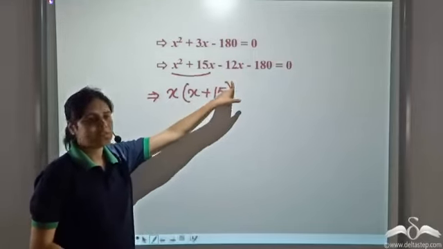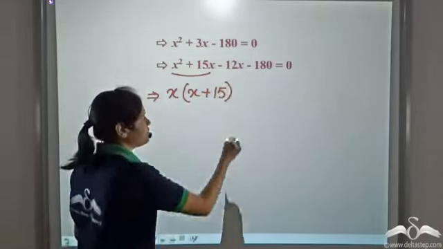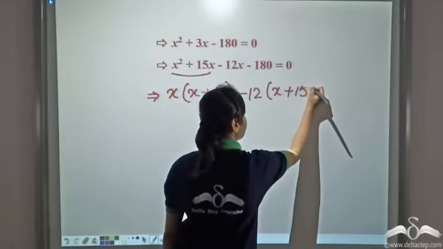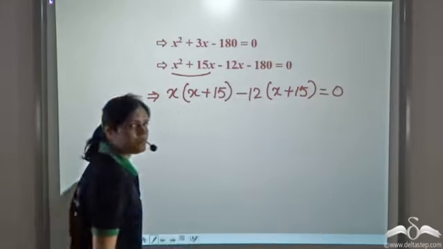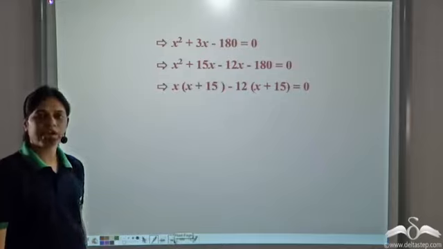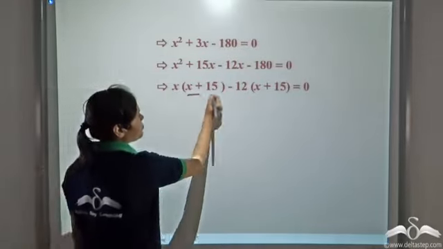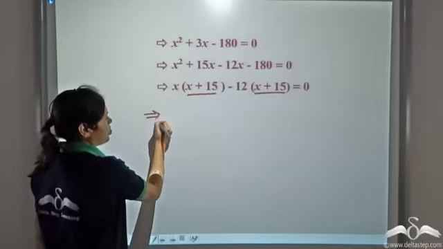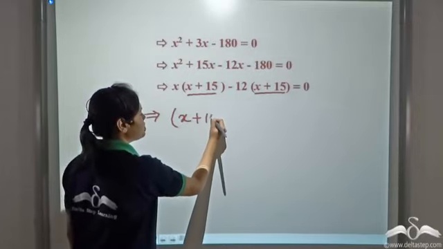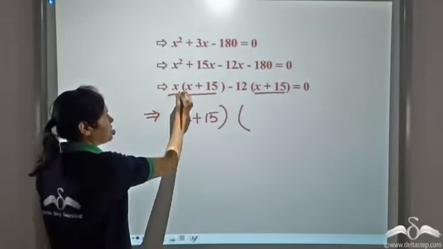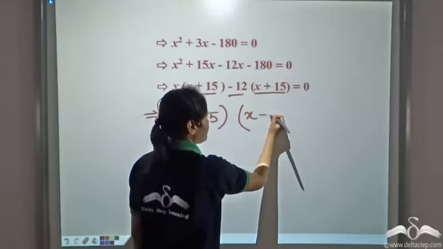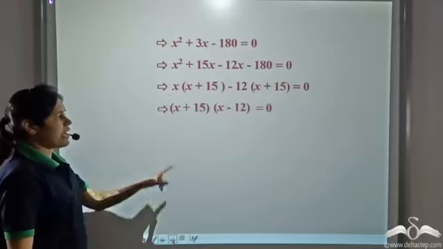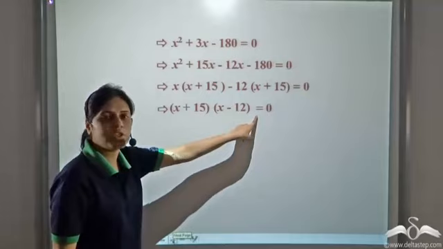From these two terms, we can take negative 12 common. So take negative 12 times x plus 15 equal to 0. Now x plus 15 is common to both the terms. So once again, take x plus 15 common, and we are left with x minus 12 equal to 0. So we have x plus 15 into x minus 12 equal to 0.